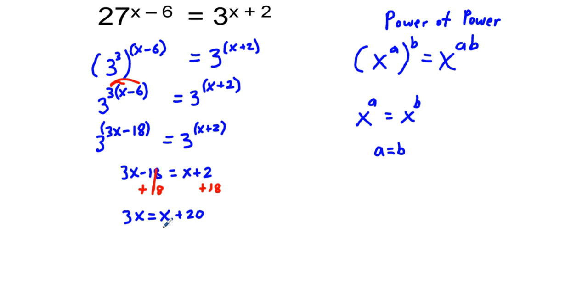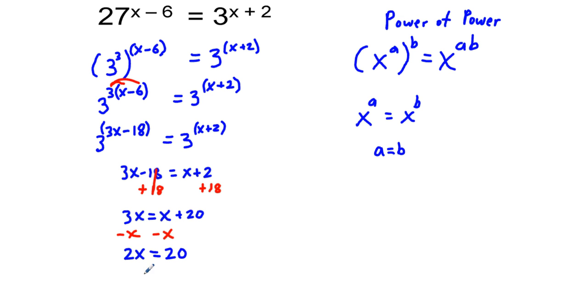Now we remove this x on the right side by subtracting it, so we have minus x, minus x. On the left side we have 3x minus x, which is 2x. And on the right side we have x minus x, which cancels, and then we have 20.